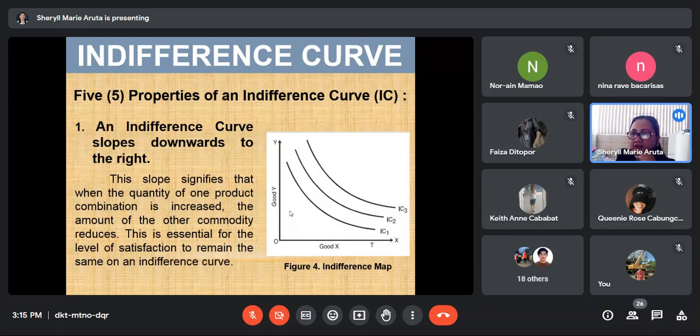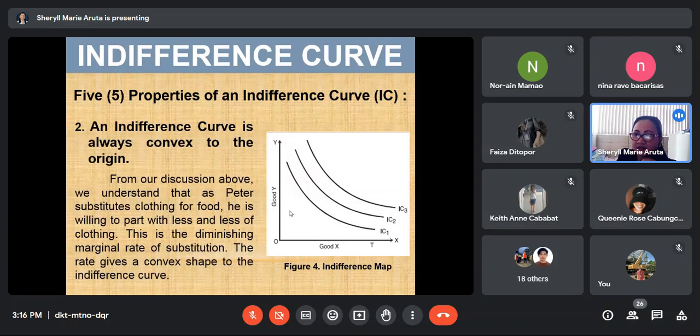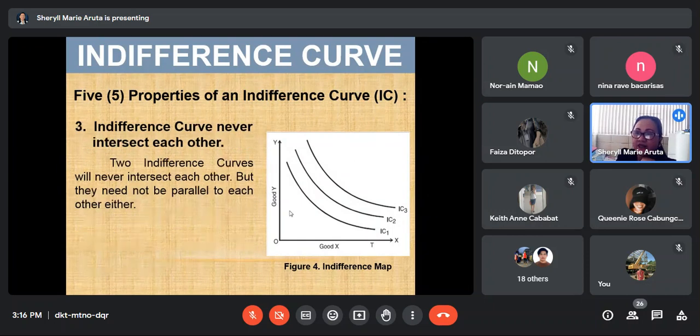Okay. So, these are the properties of the indifference curve. An indifference curve slopes downward to the right. Looking at the graph, it is downward sloping to the right. Next, an indifference curve is always convex to the origin. Third, indifference curves never intersect each other.